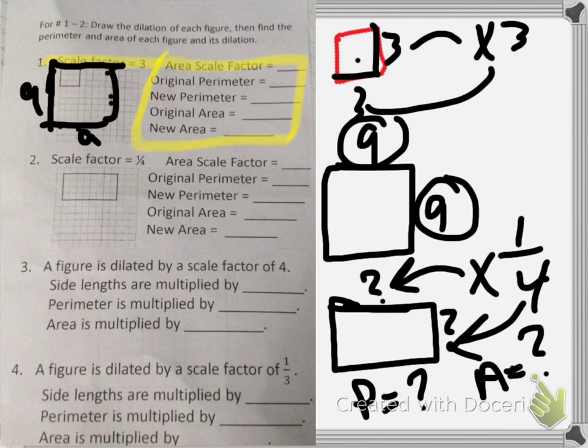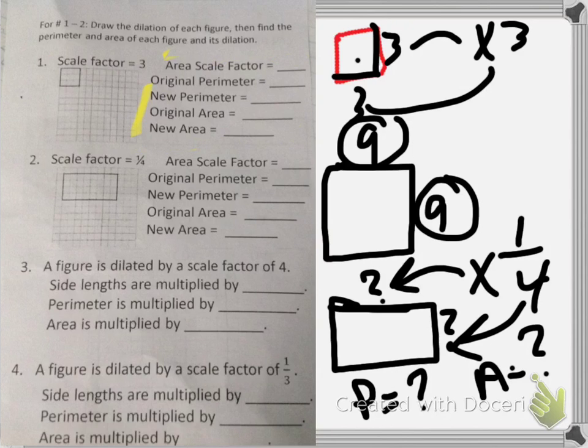Okay, moving right along. With this piece, let me erase some of this because I did some work before. I want to erase that to show you. All right. They're asking you to draw the dilation of each figure and then find the perimeter and the area of each figure.